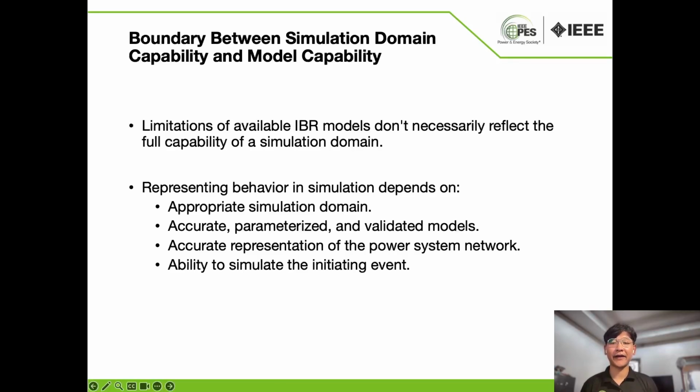Second, the accurate, appropriately parameterized and validated model of the IBR and supplemental devices such as relays or the collector network, based on clear and explicit model requirements, and accurate representations of the power system network, such as topology status, electrical characteristics, and load dynamic behavior. And third, the ability to simulate the initiating event.